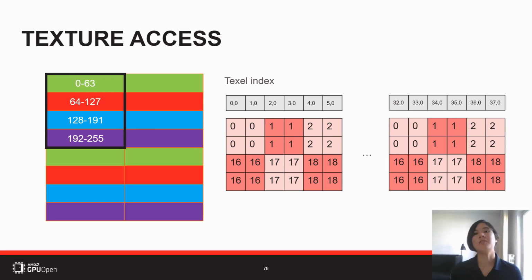As I said, each thread is loading 4 2x2 quads, and these 4 2x2 quads are scattered around in a way that if you look at the single sample instructions, all the pixels loaded by the complete thread group are close together.